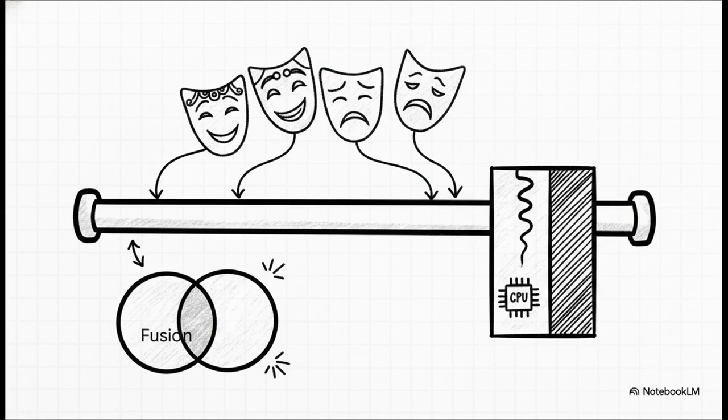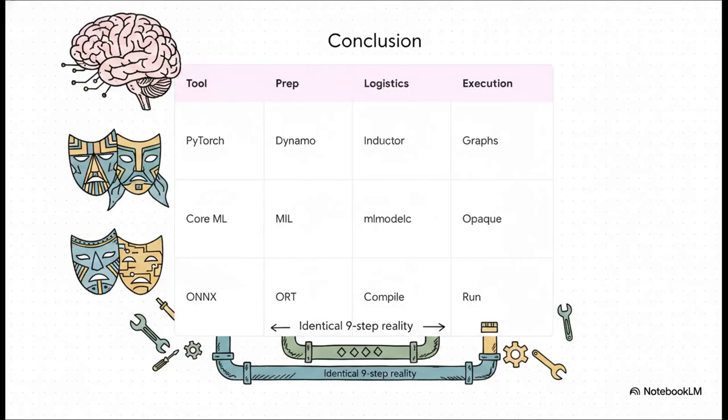It's literally the exact same bug, just wearing a different API. No matter what stack you prefer, whether it's PyTorch, CoreML, or ONNX, it really is all the same plumbing. They might use completely different class names and jargon, but they're all bound by this identical 9-step reality. They all prep the graph, manage memory logistics, and execute asynchronously.